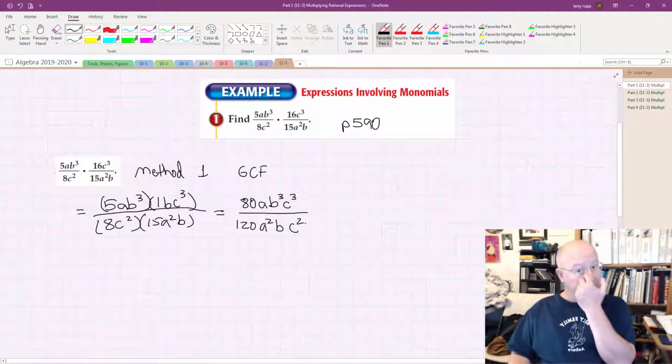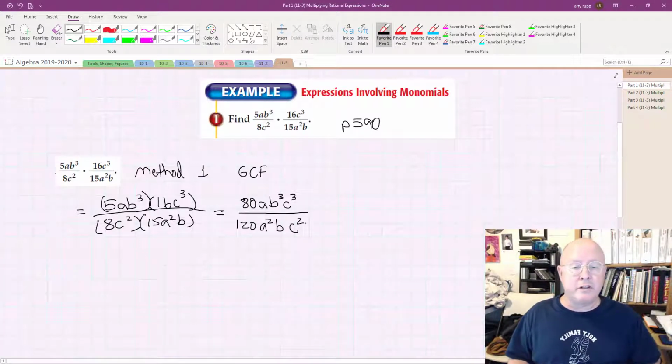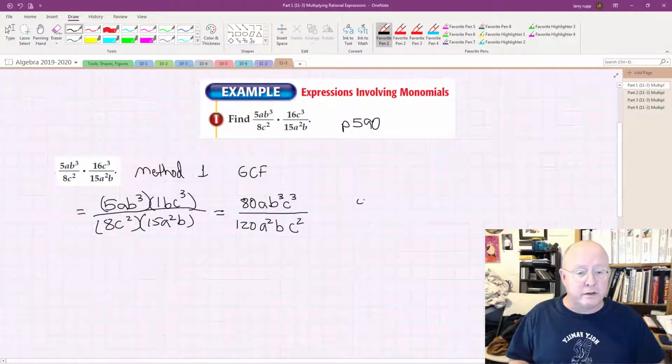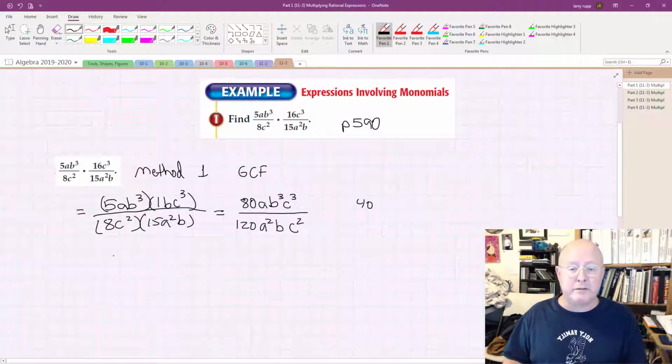Now, we're going to take the greatest common factor of 80 and 120. You know what that is? Without doing a whole bunch of prime factorization, the greatest common factor between 80 and 120 is 40. So we're going to take 40 out of the top. We're going to do this in a couple of steps where the book does it all at once.